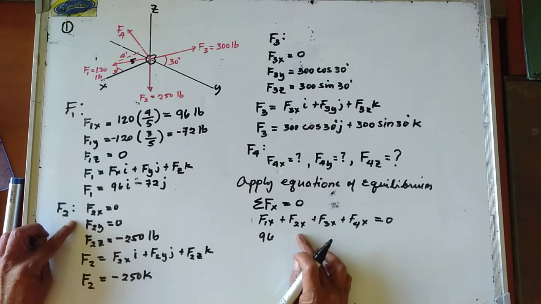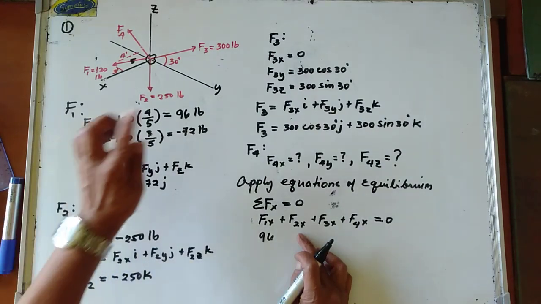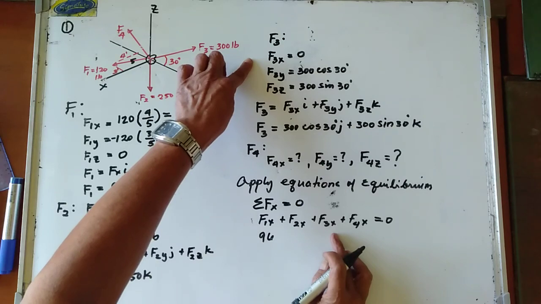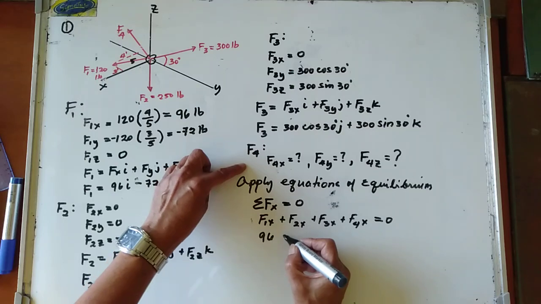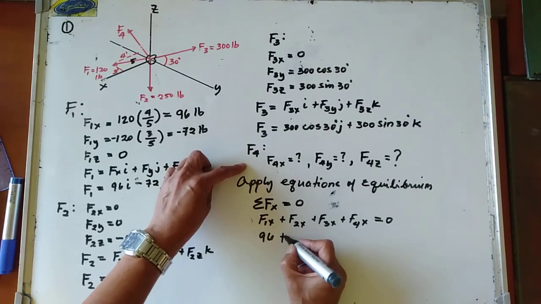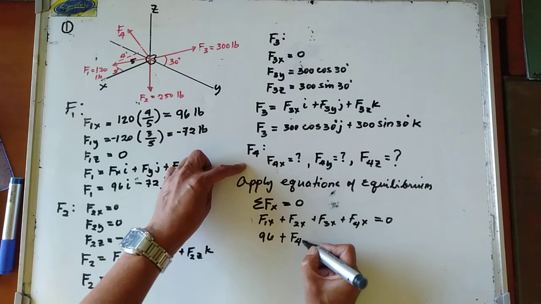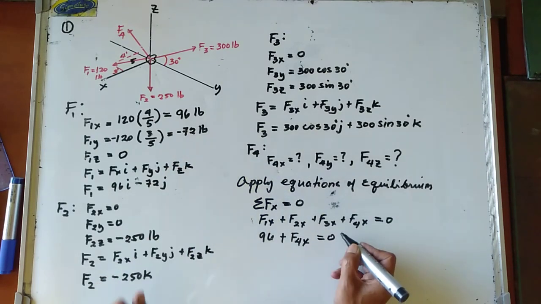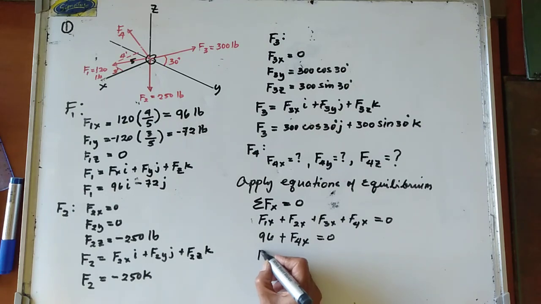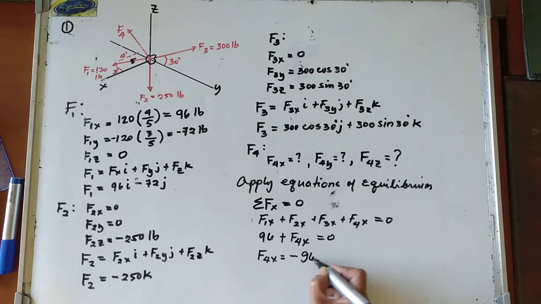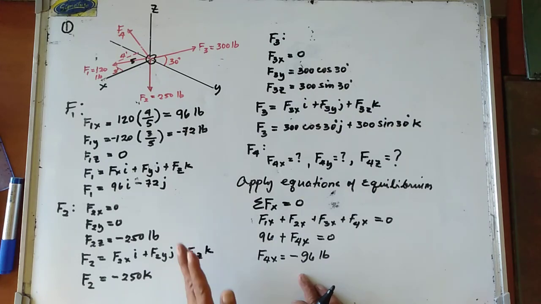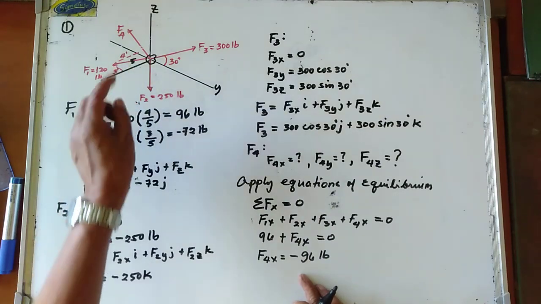F2x is equal to 0. F3x is equal to 0. And then we now have F4x, so plus F4x is equal to 0. Hence, your F4x is equal to negative 96 pounds. What does the negative sign here indicate? It indicates that this is going back of the origin.